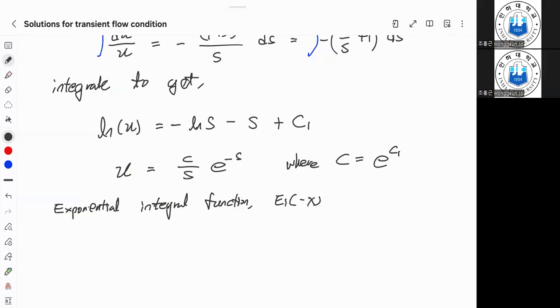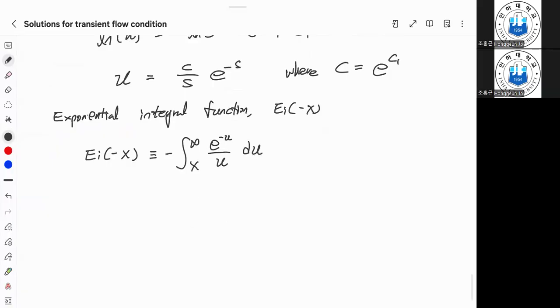The shape of this function goes like this. By definition, it is equal to minus the integral from x to infinity of e to the minus u over u du. So in our case, the variable is with respect to s, so you can just use s.